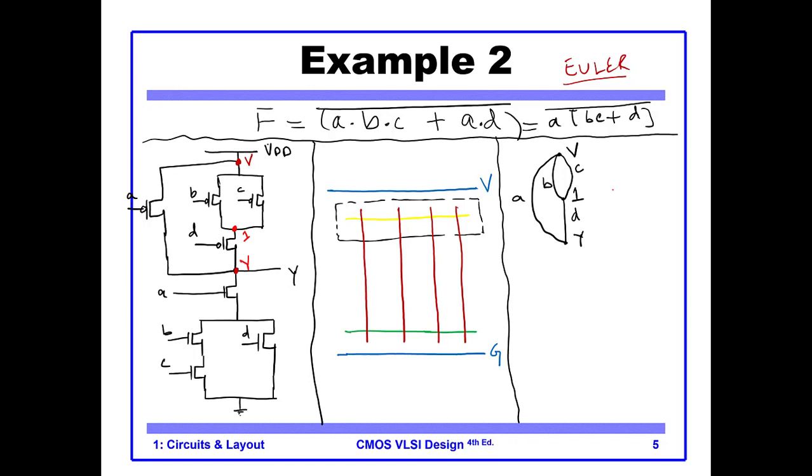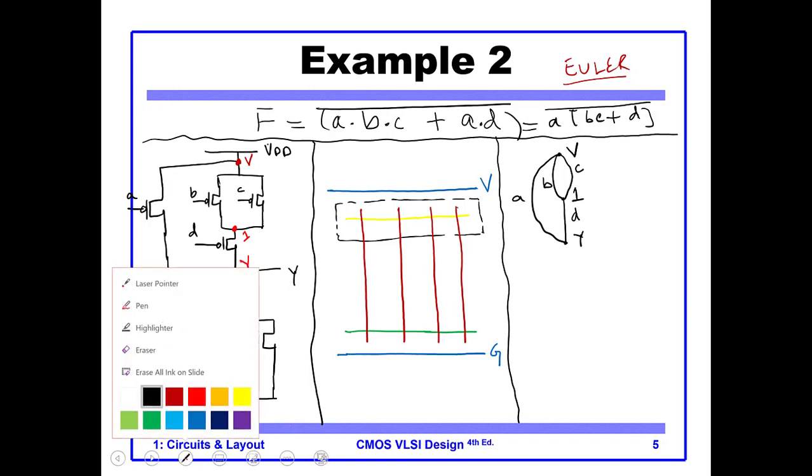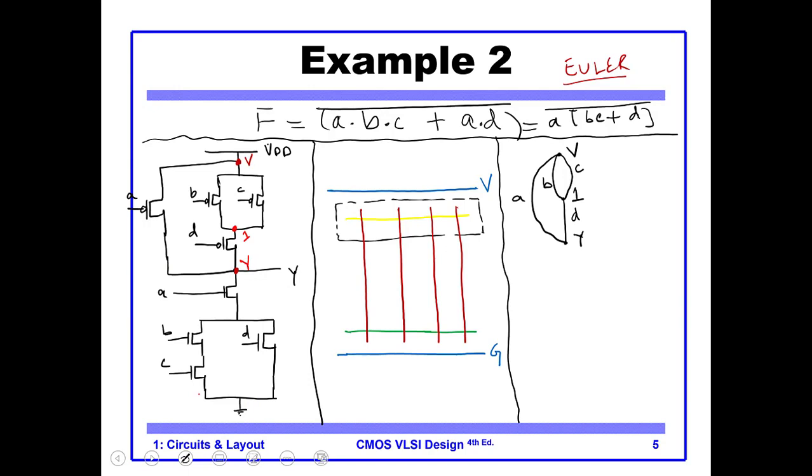Now let's do the same for our Nmos. So we have Y, then we have this point, call this point 2. We have this point, call this point ground, and we have this point, call this point 3. So let's draw the Euler graph again, so this is for Pmos, and this is for Nmos.